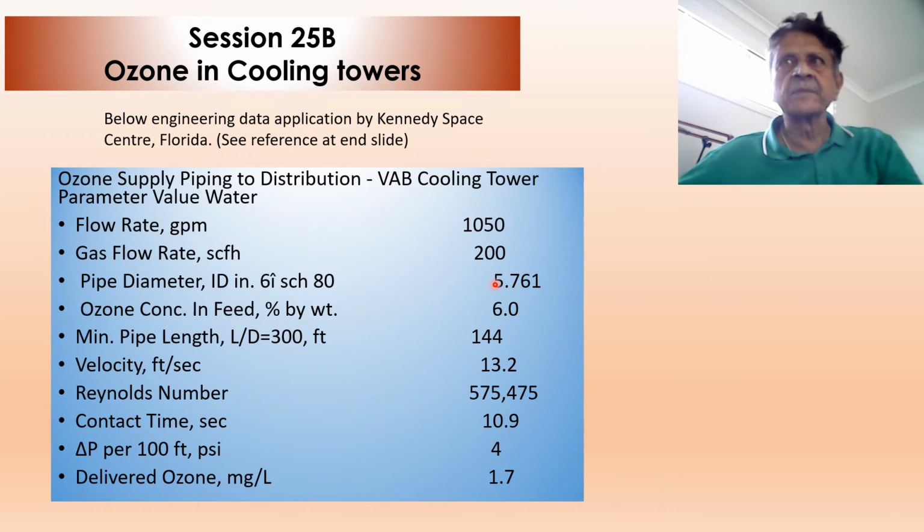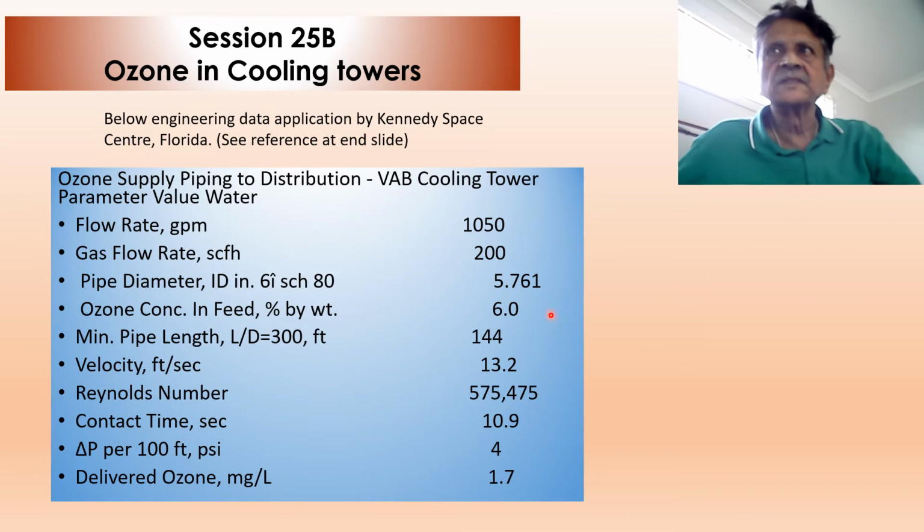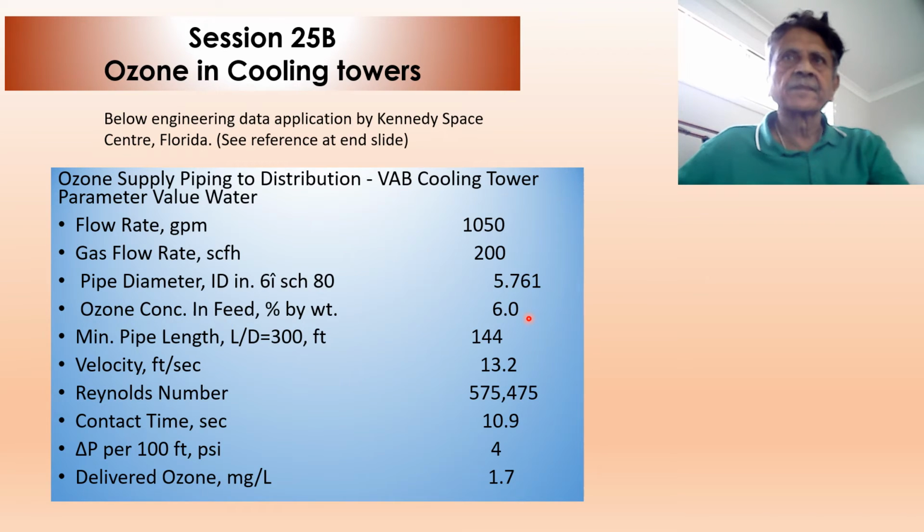They've given a pipe diameter of 5.7 inches. Concentration by percentage by weight was 6%. Pipe length was 300 feet.